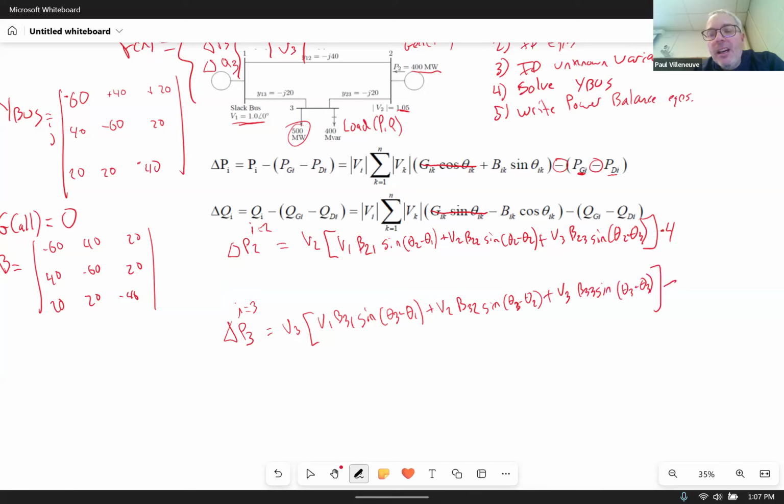And now I'm adding the PG minus PD, which is positive 5.